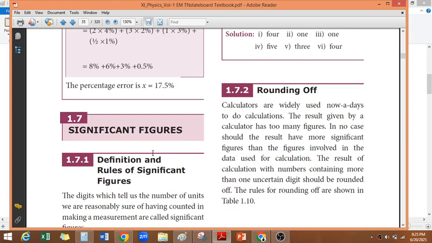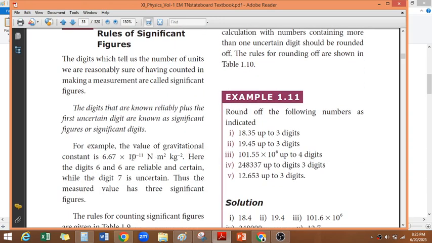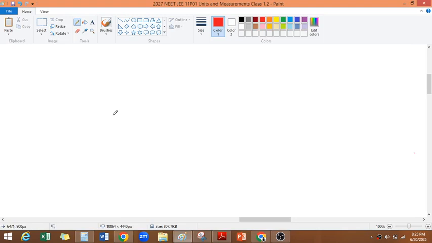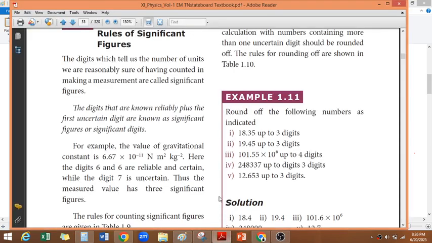For example, 6.67 times 10 power minus 11. Suppose I give a number, it's your G value, gravitational constant.